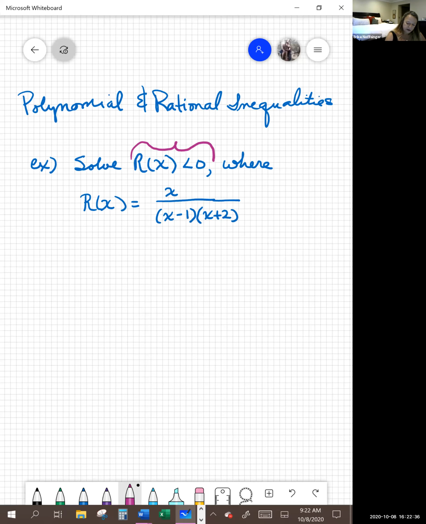We're looking at r of x as another way of saying, when is the y value of this function negative?